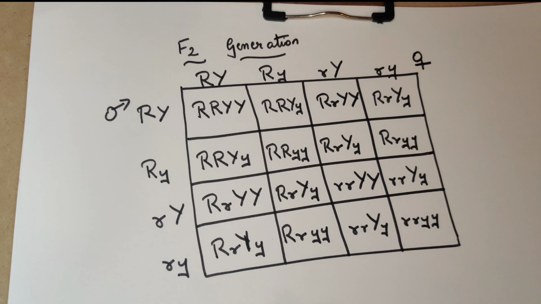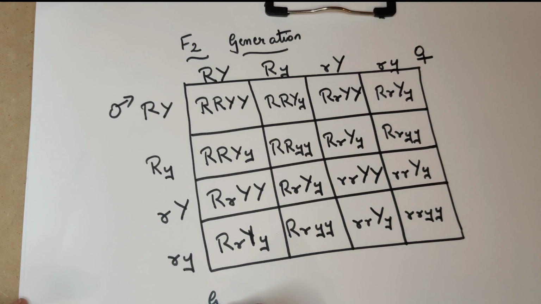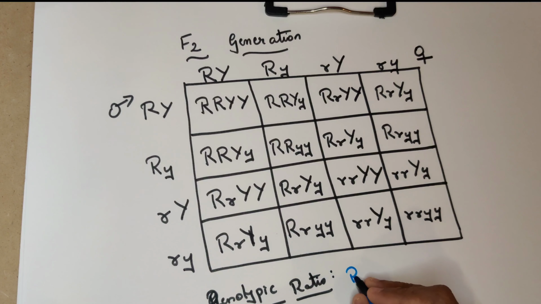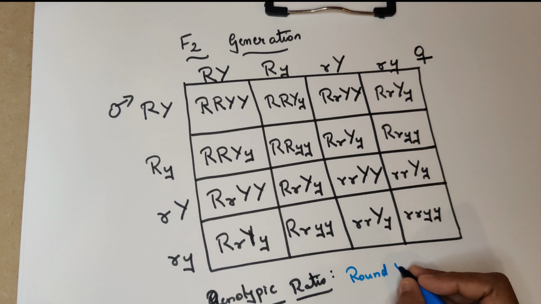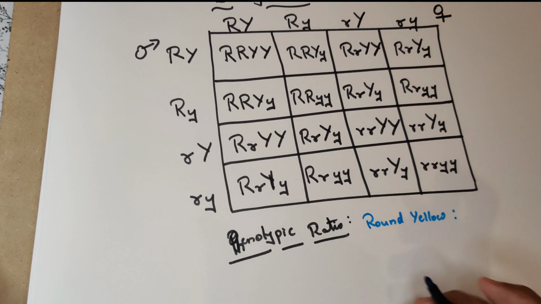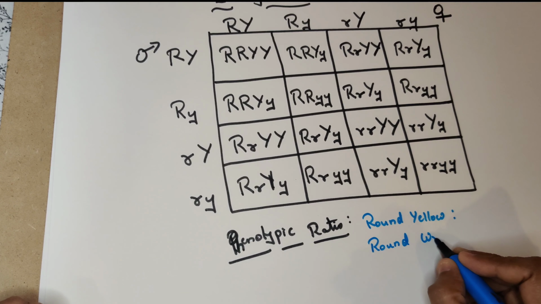So now, if you see here, we are going to work out only the phenotypic ratio, that is only the external features. How many are round yellow? That you have to find. Then how many are round and wrinkled?